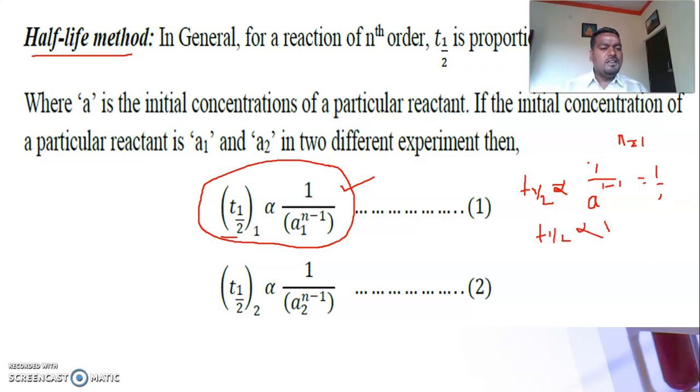That is, the t half of a first order reaction does not depend on initial concentration. Once again, look at this expression: t half is equal to 0.693 divided by k. The t half does not depend on initial concentration in the case of a first order reaction.